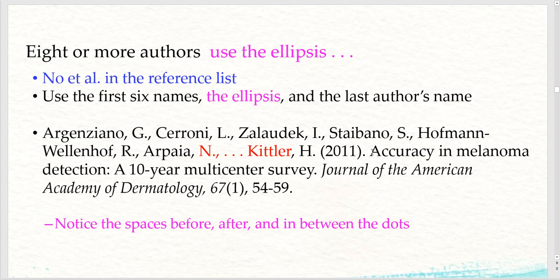This is title and a subtitle, so the accuracy is the first word, that's going to be capitalized. A is the first word of the subtitle, so that's going to be capitalized. And then we've got the name of the journal with the volume number, both are in italics, got the issue number, and then the range of pages.